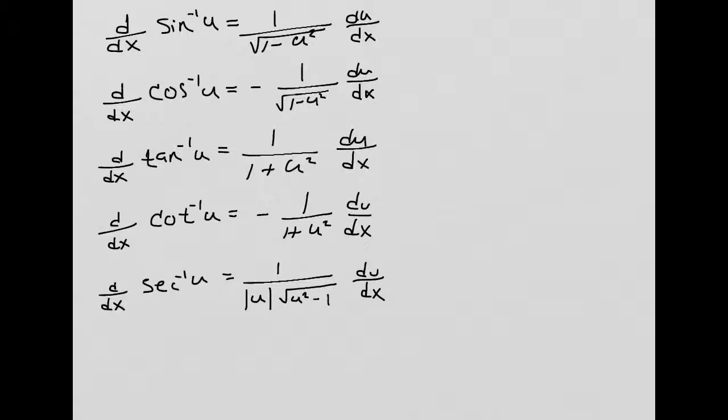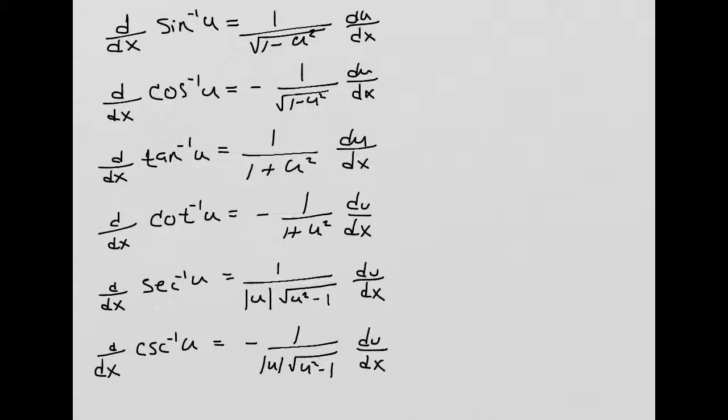You can probably guess that secant and cosecant are just going to be opposites. So I could say that the d dx of the inverse cosecant of u is going to equal a negative 1 over the absolute value of u times the square root of u squared minus 1, du dx.